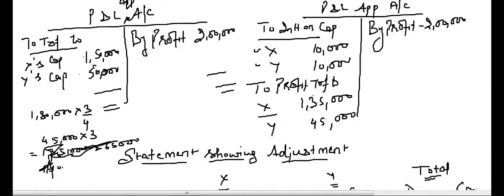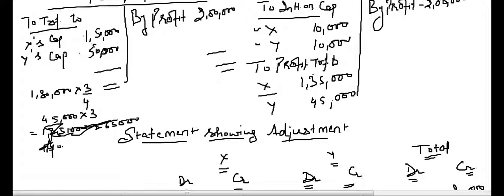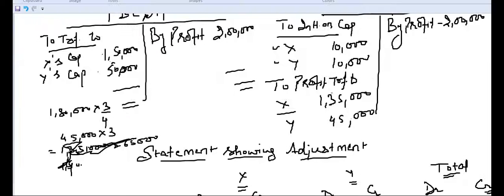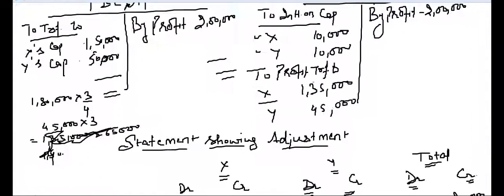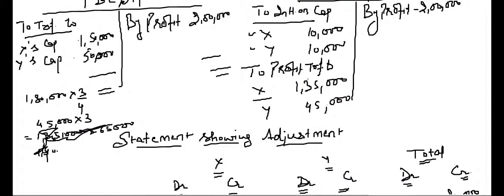Clear? That means they have been paid extra profit to the extent of 15,000 for X and 5,000 for Y. Because the actual profit which should have been distributed is 1,35,000. They have been paid 1,50,000. Clear?